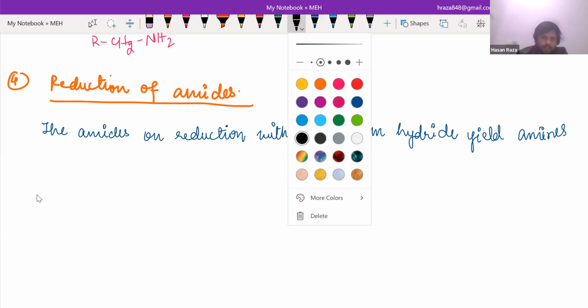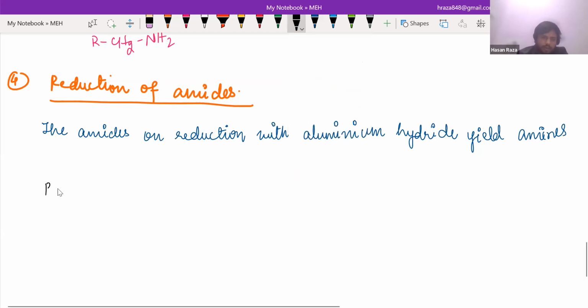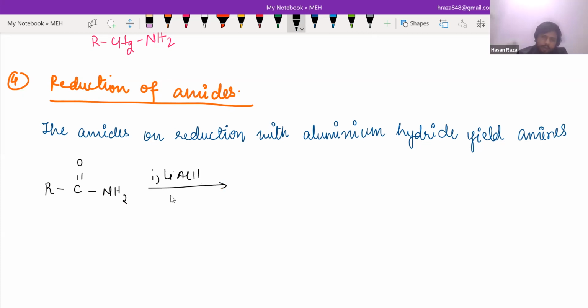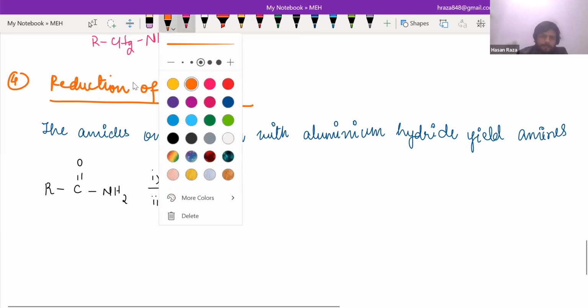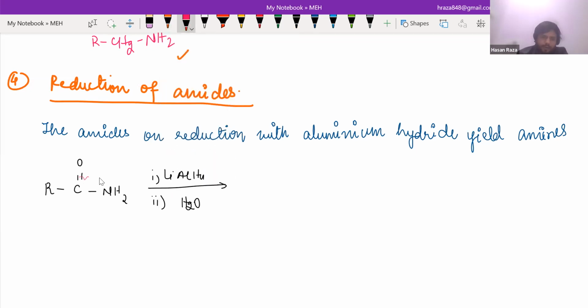So you can see if you have amide, now what you need to do, and if you're going to do lithium aluminum hydride followed by hydrolysis, what will happen? See, it's very easy. One of the bonds will break, hydrogen will be added here, hydrogen will be added here, one of the bonds will break.